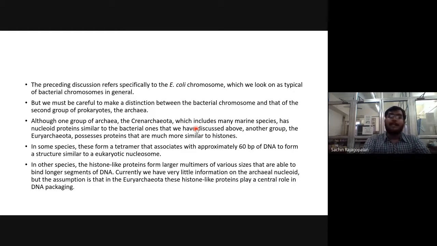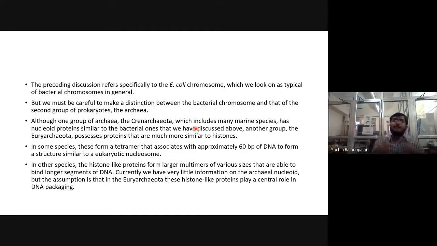Let me tell you that the nucleoid is very similar to that which is found in normal eubacteria. But the Euryarchaeota group of archaebacteria have proteins which are more similar to eukaryotic histones, very similar to them.